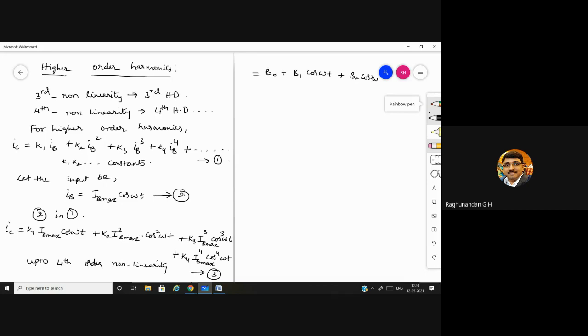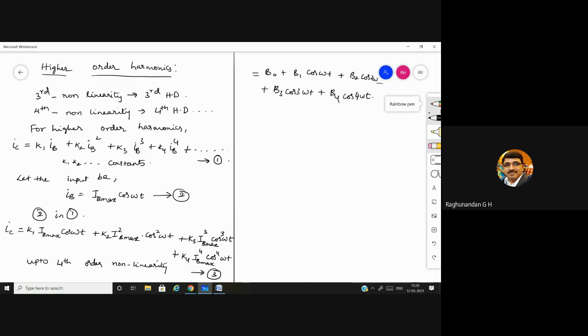We are substituting and simplifying it. I am not showing the steps again because we have already done it. Plus B3 cos 3 omega t plus B4 cos 4 omega t.